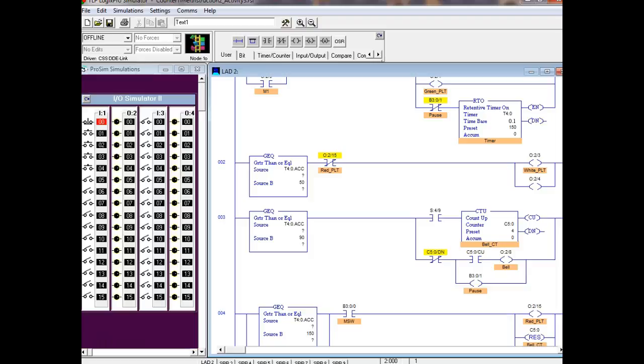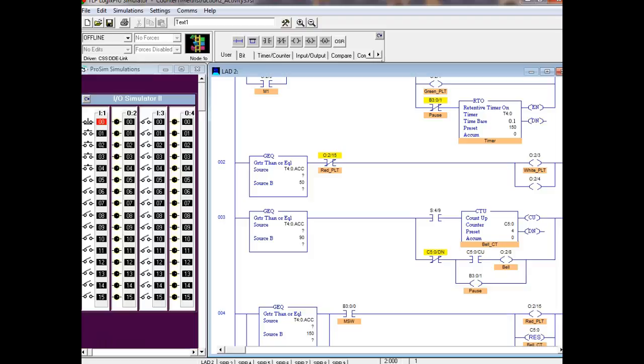So this is going to pause my timer up there while the bell rings. Why do I want to do that? Because you're supposed to reset it 6 seconds after the last ring, right? You understand? So this is going to pause that until my counter gets through. So that's why I decided to use a retentive timer. While my bell's ringing, the timer's paused.